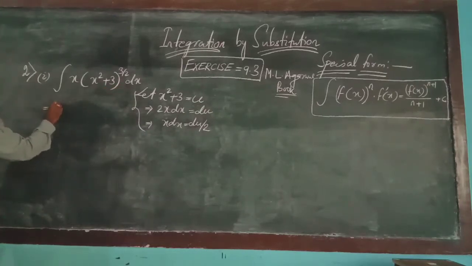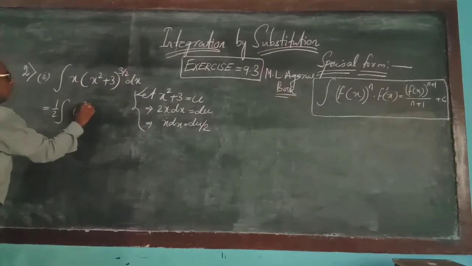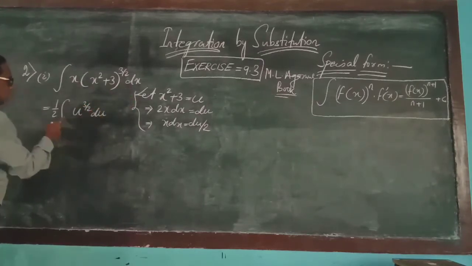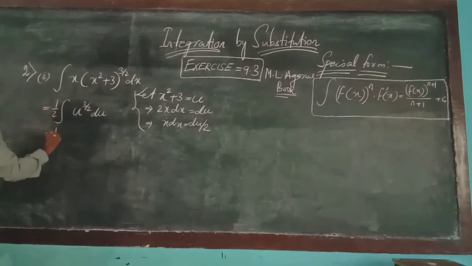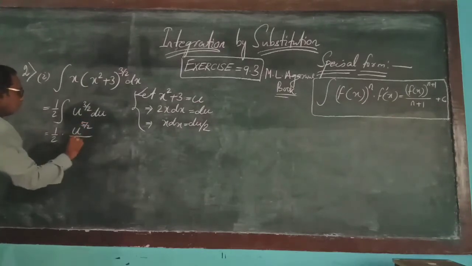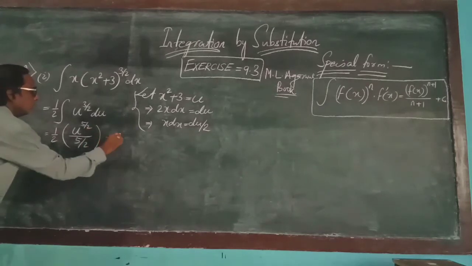Du by 2 means take 1 by 2 outside, and x square plus 3 as u to the power 3 by 2, x dx is du by 2. By 2 I have taken outside. That means 1 by 2 times u to the power 3 by 2 plus 1, that is 5 by 2, divided by 5 by 2, plus c, the integration constant.